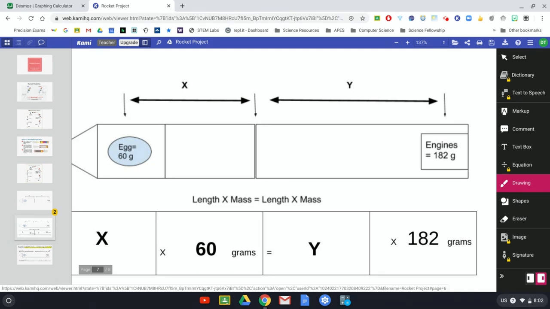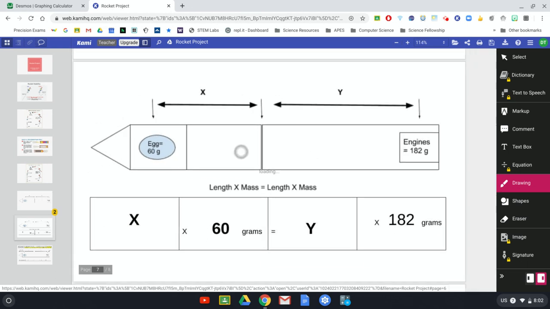So if you want to use those numbers, by all means, go ahead and use those numbers. You can make them a little bit more accurate by actually measuring the mass of your entire engine mount before you install it. But you guys don't really have access to scales, so we didn't do that.